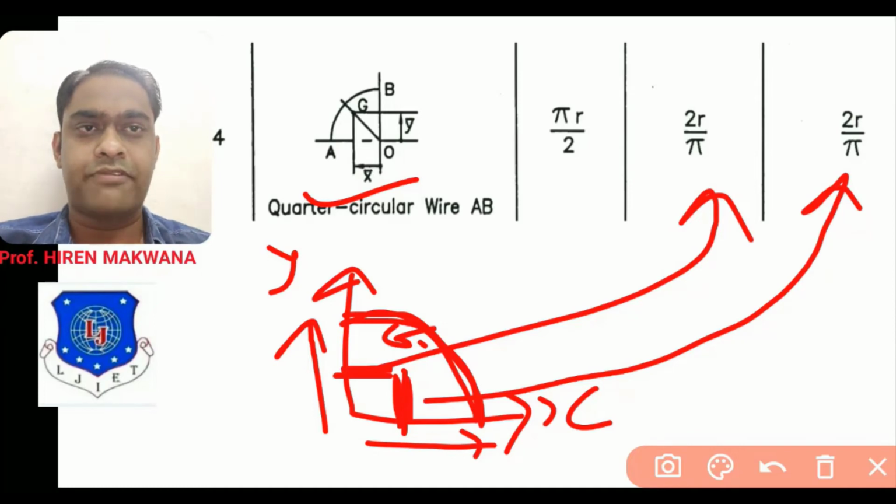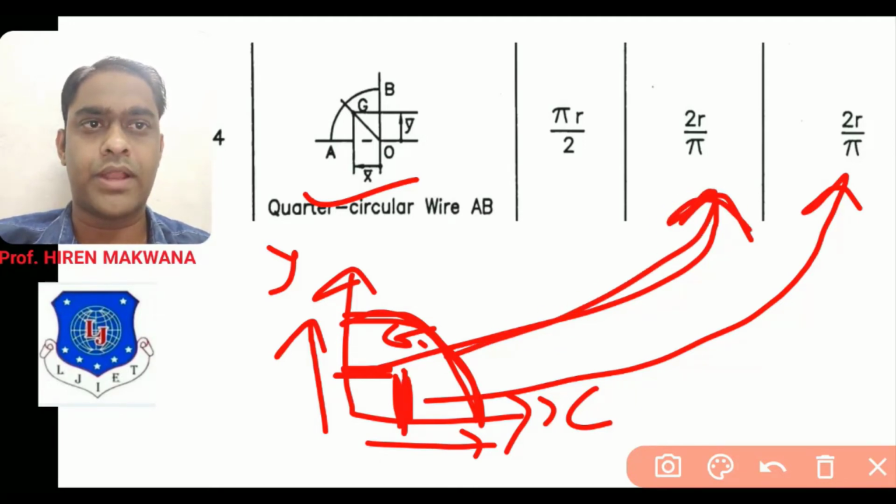Okay, these figures which I am drawing are only sketches, but according to the values you have to remember the formula. This distance must be 2r by pi. Similarly, this vertical distance must be 2r by pi.